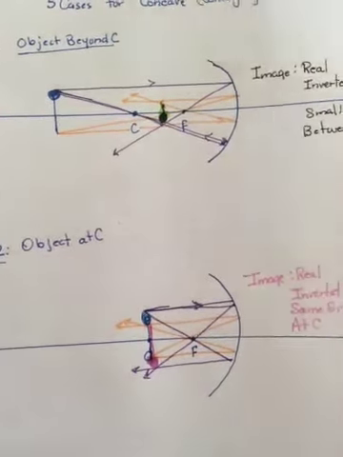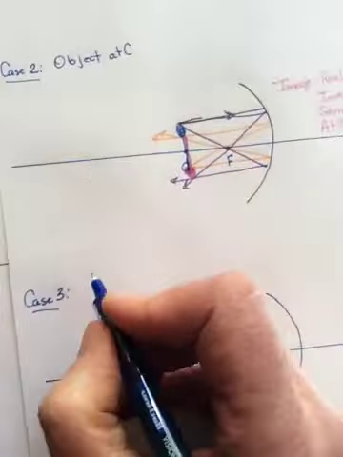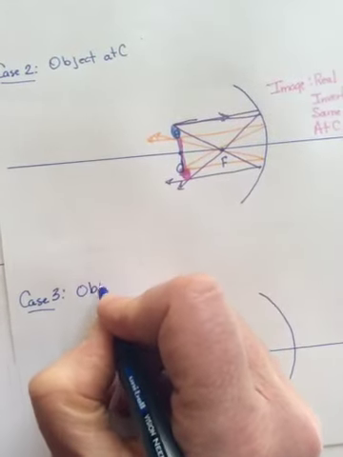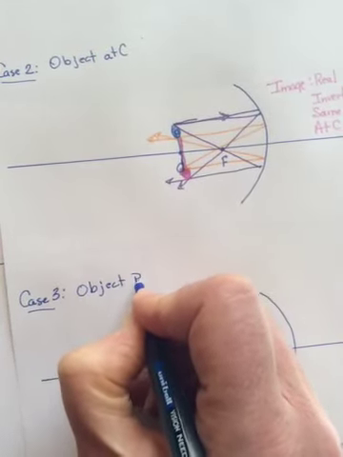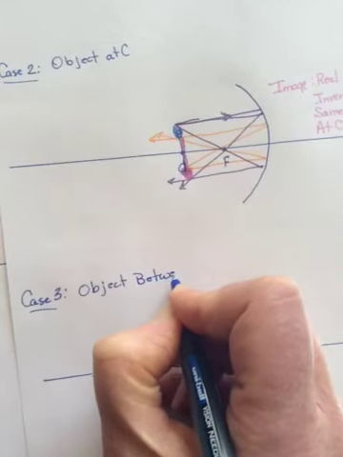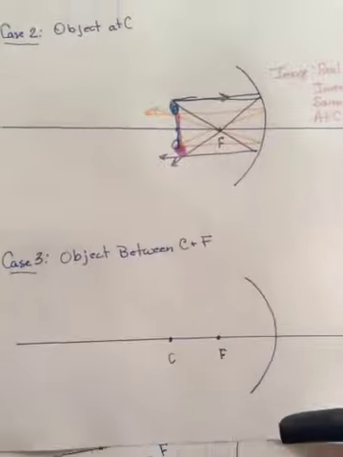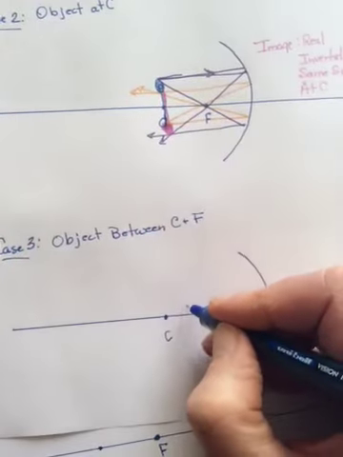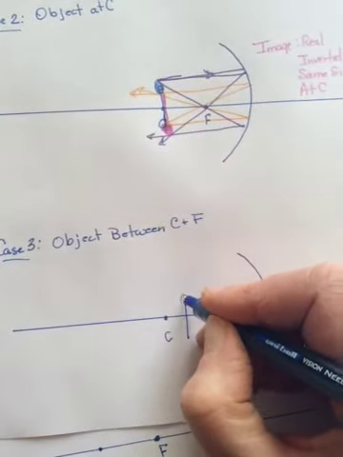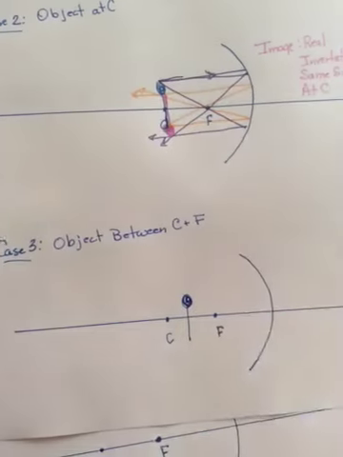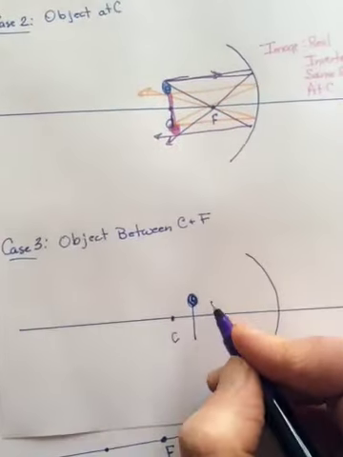So now case number 3 is going to be the object between C and F. Okay, so we're going to put our object here between C and F. We're going to use our purple from the top.